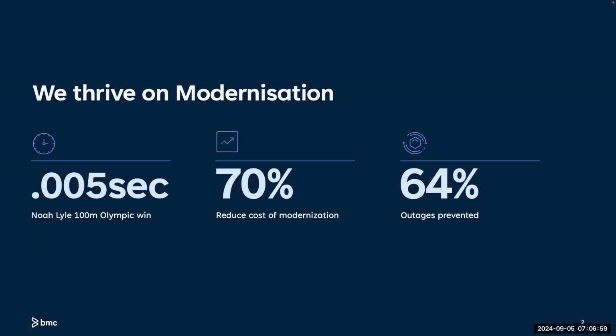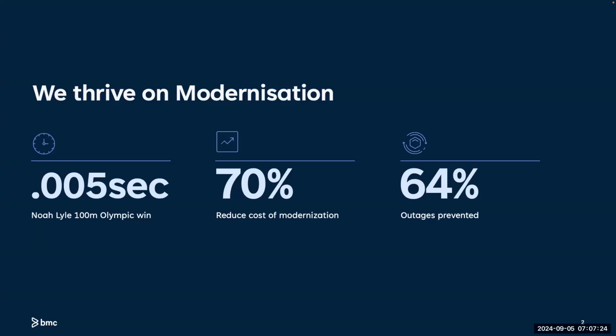He's a loud and brash kind of individual with a big social media following, and amazingly, he won that 100-meter sprint by 0.005 seconds, which is just unbelievable in itself.